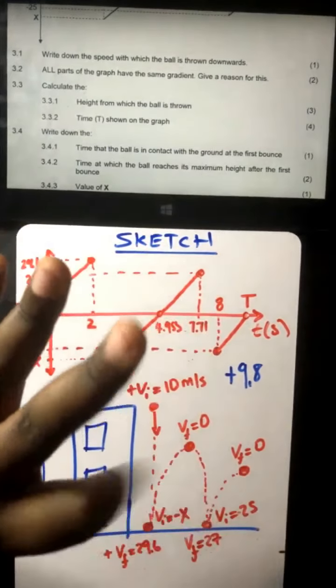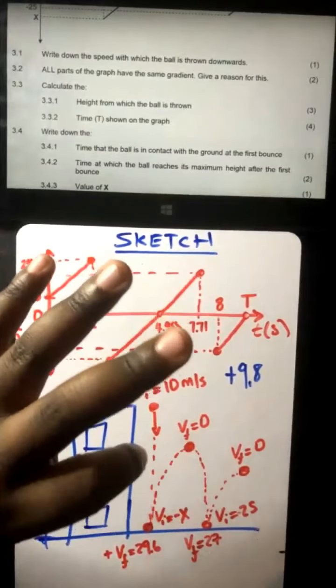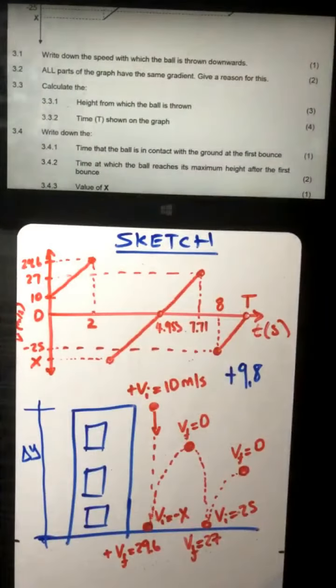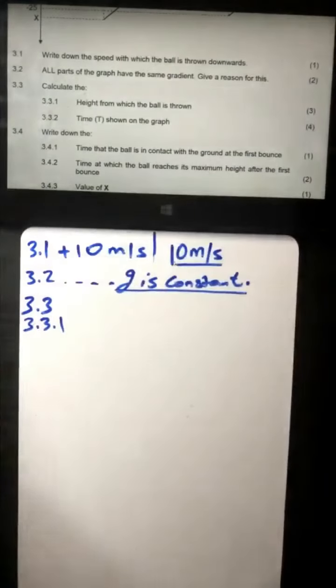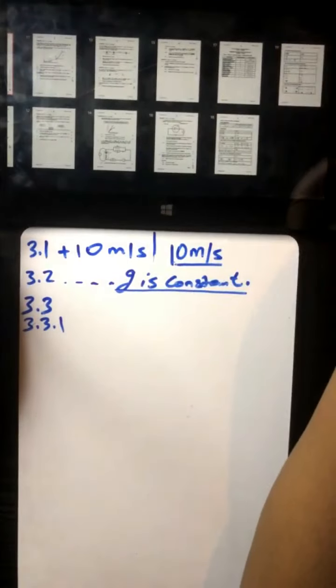So the 4th is what you need to calculate. That means we can now go to our formula sheet and try to find a suitable formula to calculate the height from which the ball is thrown. So guys, do you understand the question before I go to the formula sheet? Can someone indicate if what I've explained makes sense?